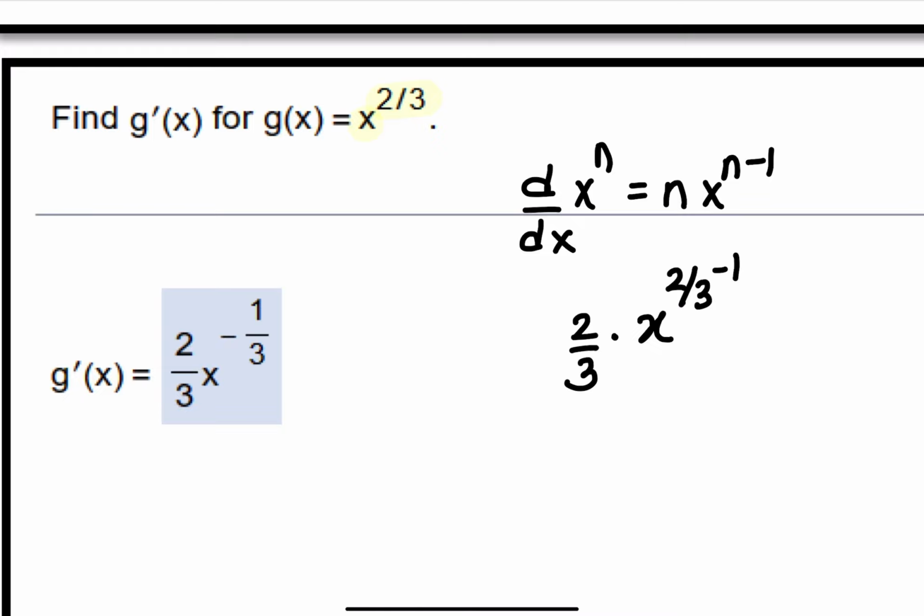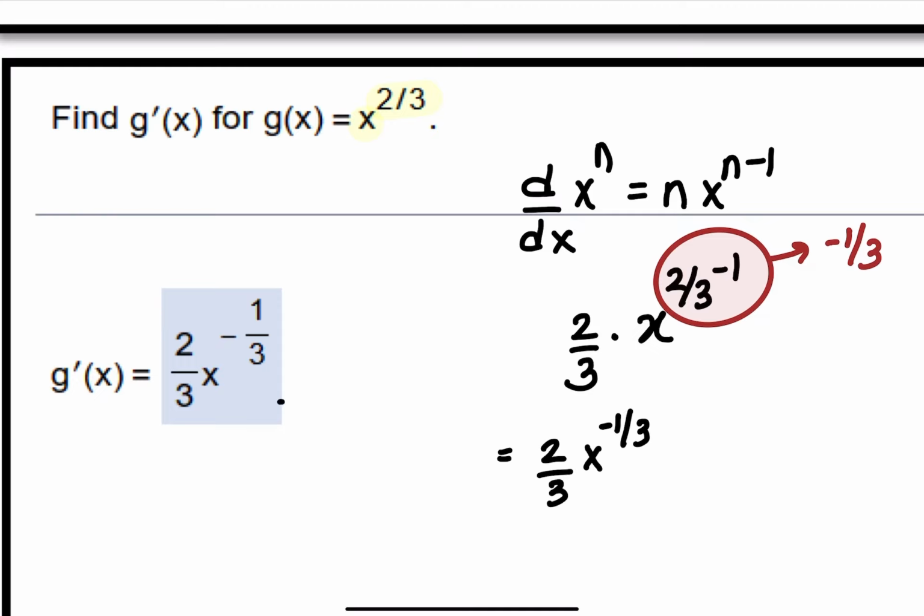Keep in mind, 2/3 minus 1 is -1/3. So my answer is 2/3 x to the power -1/3, and my answer matches. Again, it's all based on this formula, n times x to the power n minus 1.